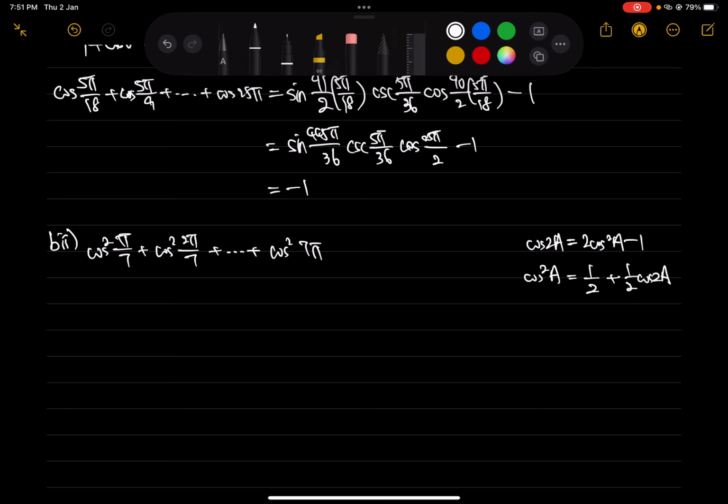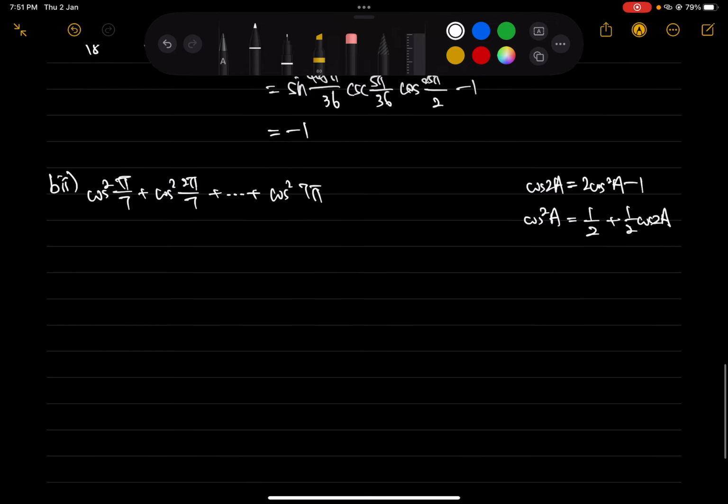And then we could just use this to get a constant plus a sum of cosines. So the constant should be 7 divided by 1/7, so 49/2, plus the sum of cosine squares.